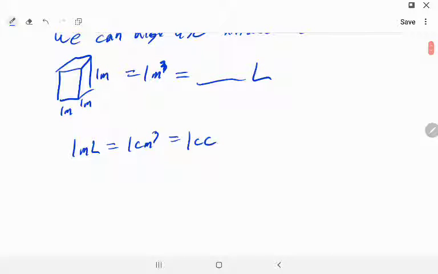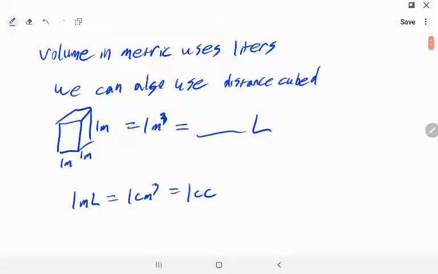So the idea of cubic centimeters is so prevalent that it's gotten its own abbreviation of cc. And so we notice if we want to know 1 cubic meter, we just got done saying that 1 cubic meter is going to be 1,000,000 cubic centimeters.